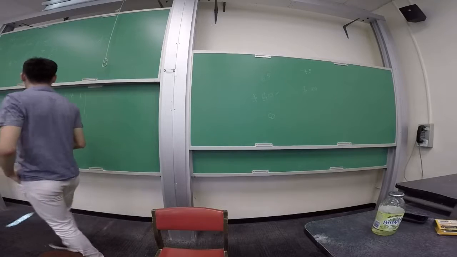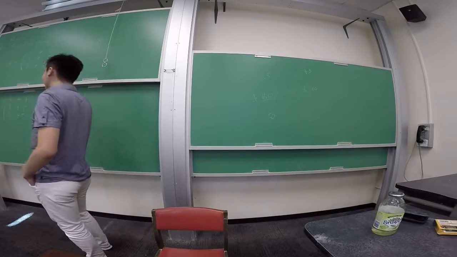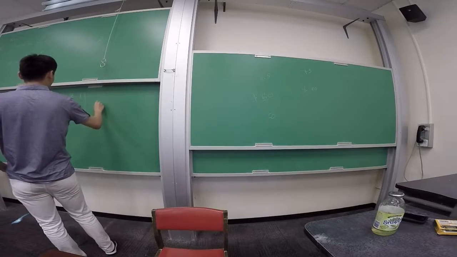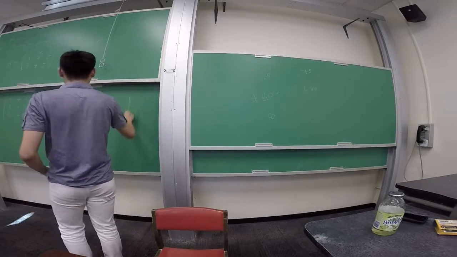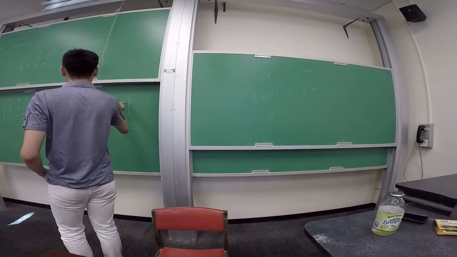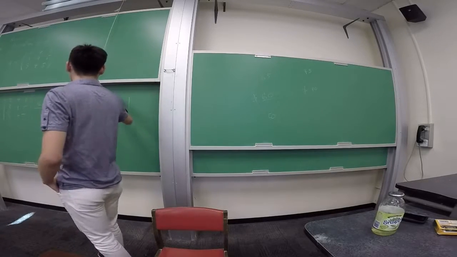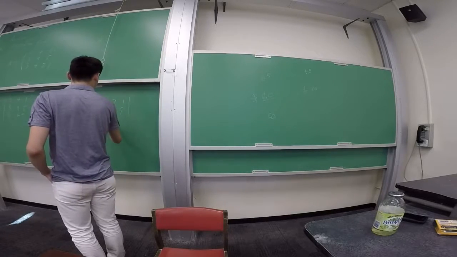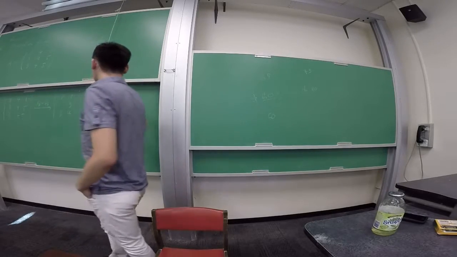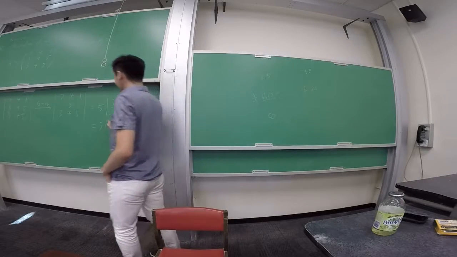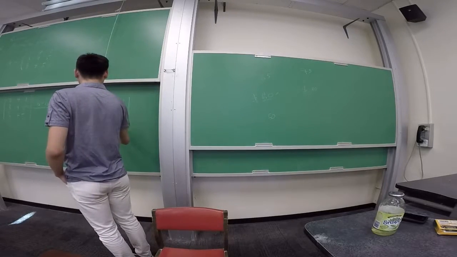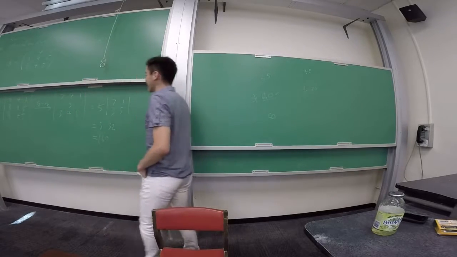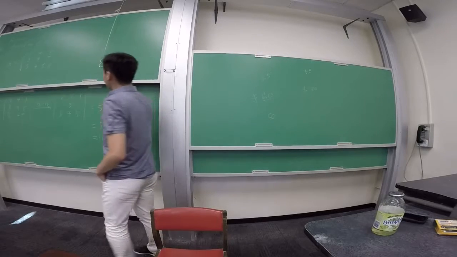Then you can expand from the second row by Laplace expansion. This equals 5 times the determinant of 7135. What is this number? Yeah, 32. So it's equal to 160. So the determinant of A is 160.